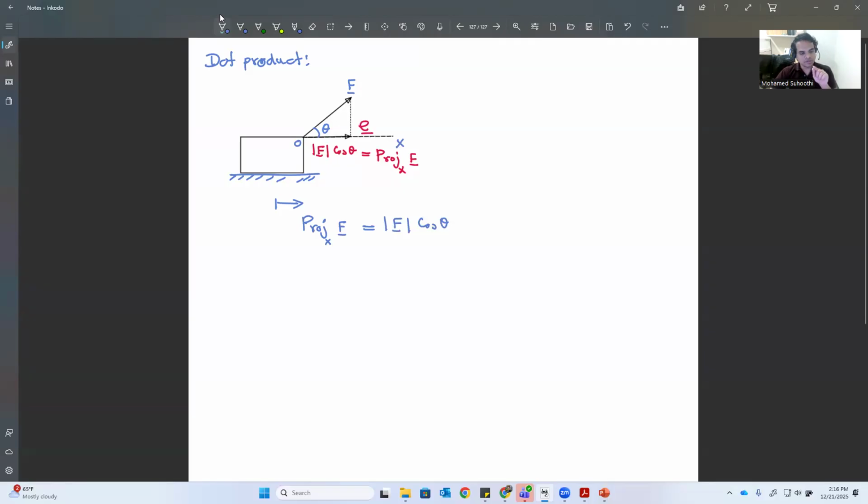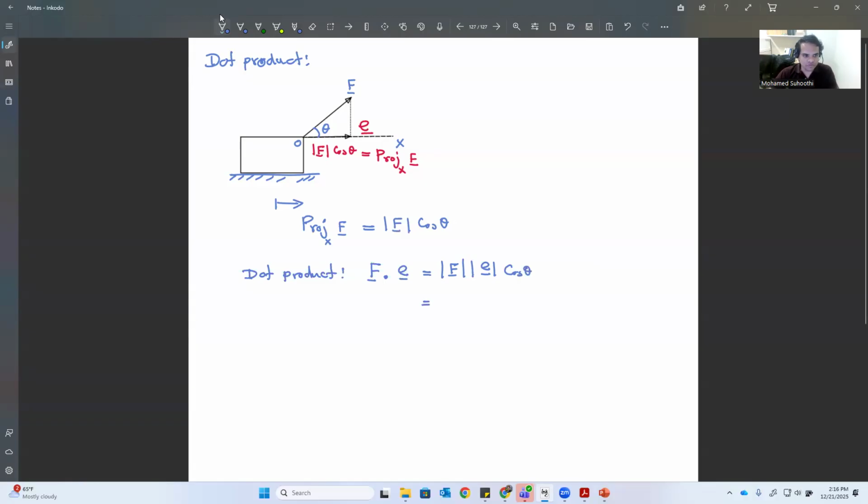Now for this unit vector and this F, I can write the dot product. So if I apply the dot product, F dot E, that means magnitude of F, magnitude of E, and then the cosine of the angle between these two.